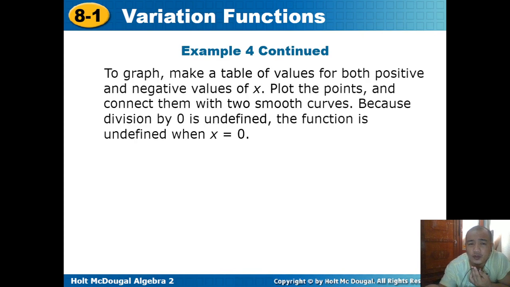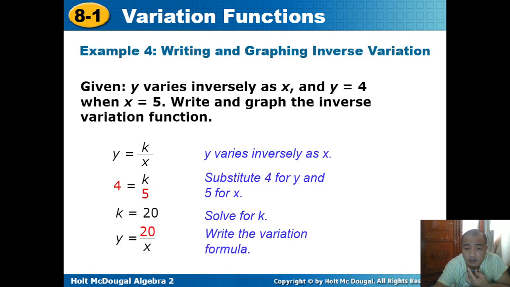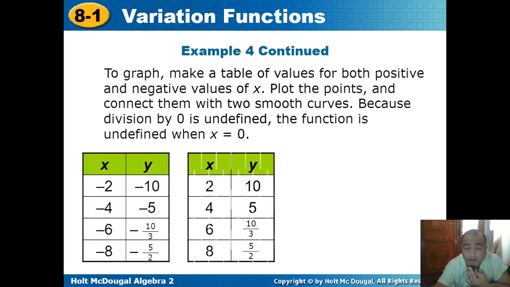Example 4. To graph, make a table of values for both positive and negative values of x, plot the points, and connect them with two smooth curves. Because division by 0 is undefined, the function is undefined when x equals 0. The variation equation is y equals 20 over x.